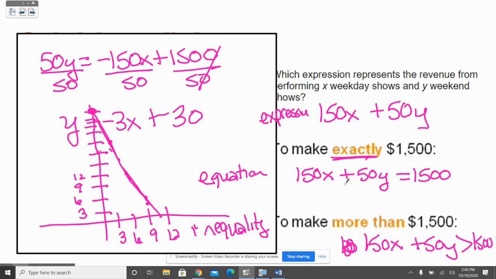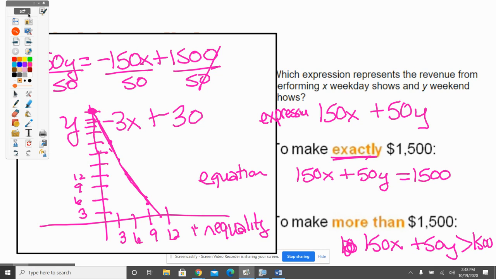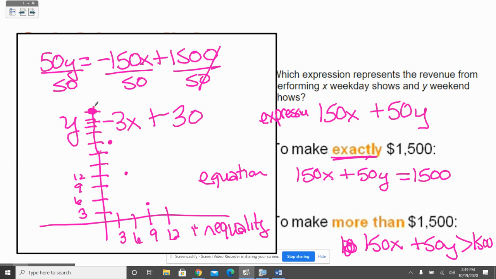Okay, so that is the boundary line, and I didn't do very good because I made a solid line. First of all, it's really garbagey looking, so you got that. But I should have made a dotted line because it cannot equal that number because we need to make more money than that. So where are the values more than where it equals? Here's where it equals. Well, it's more up above.